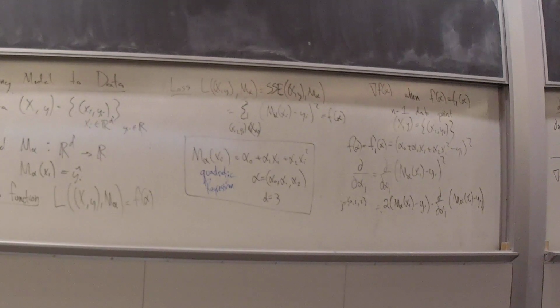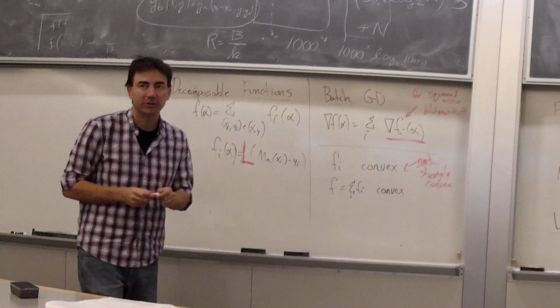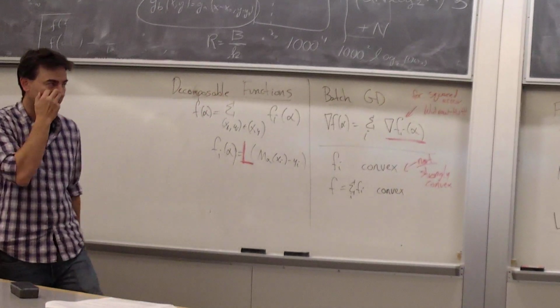Okay, what I don't have yet is that I want to say it's strongly convex. And this is not strongly convex. Each of the f_i functions is not strongly convex.